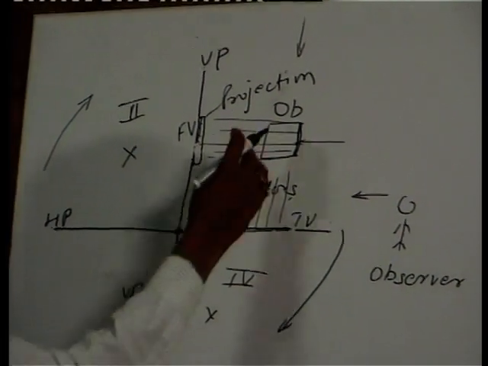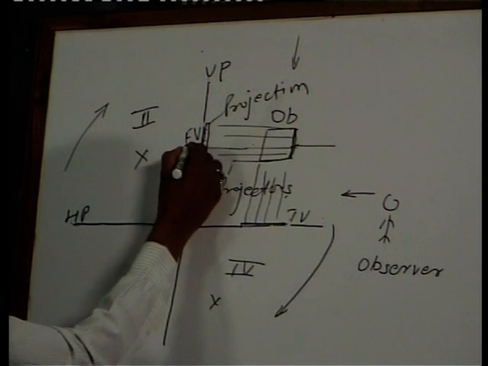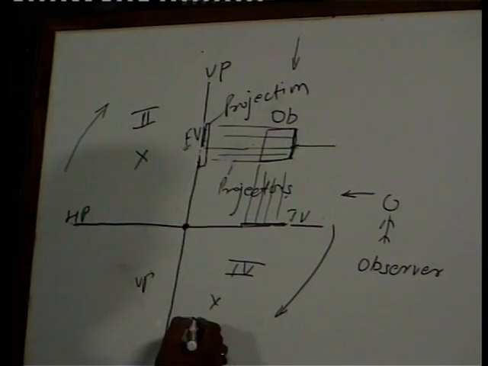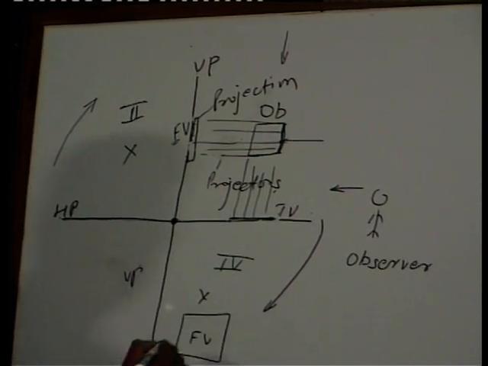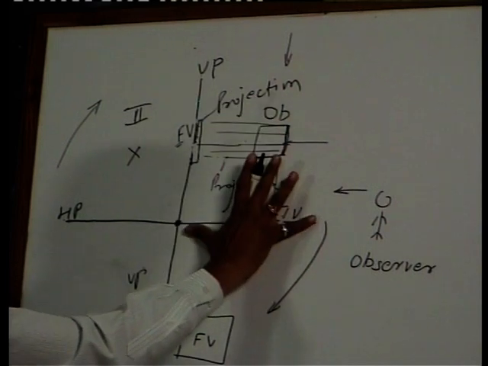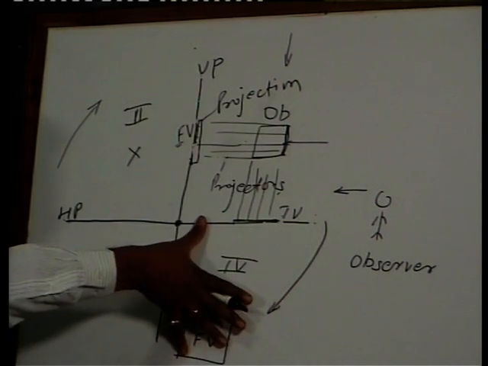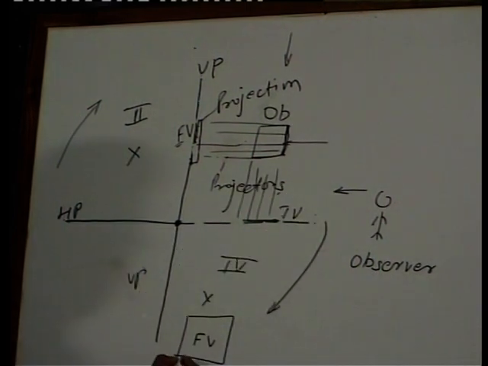On the vertical plane, observing from the front direction, you get the front view. So above the XY line you get the front view, and exactly below it, the top view comes in the downward direction. So you get the front view and the top view.